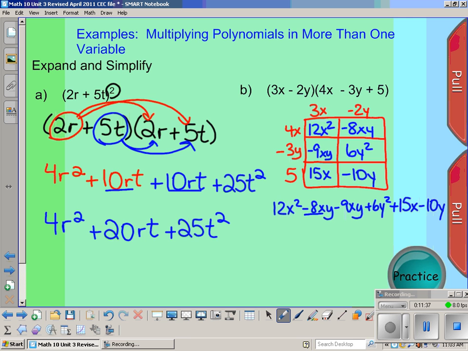We have like terms right here. So I'm going to start. I'm going to have 12x squared minus 17xy plus 15x minus 10y plus 6y squared. And we have multiplied or expanded and simplified.